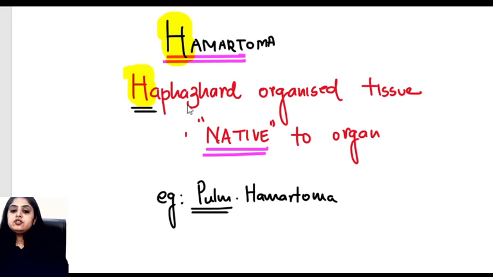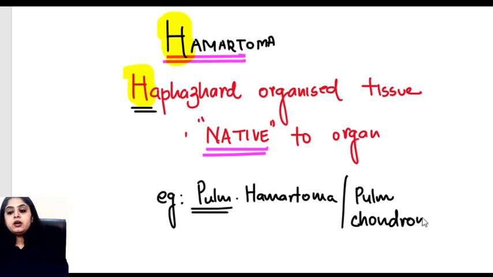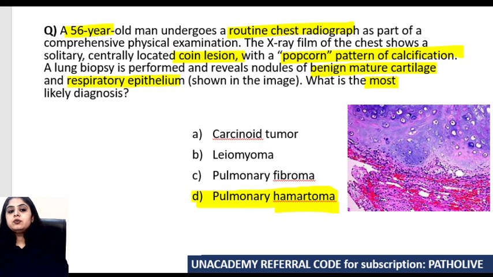The same cartilage just starts growing a lot in a haphazard manner. Can I also call it a pulmonary chondroma? Either I call it a pulmonary hamartoma or a pulmonary chondroma, it is the same thing, right? Because ultimately it's cartilage, and cartilage is hamara part of the lung. It is native to the organ, and that is exactly what was written here.